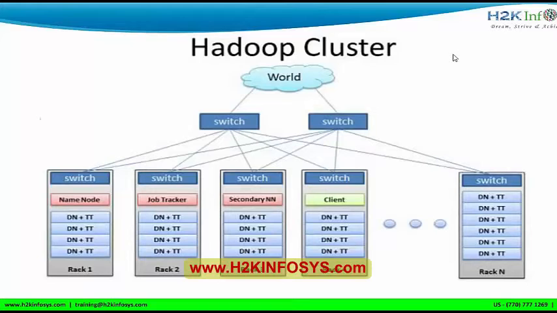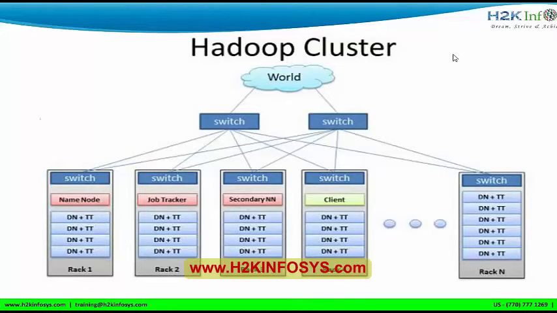After having all the daemons, this is how a typical Hadoop cluster looks. We have discussed what a rack is, right? A rack is nothing but a collection of machines, or a collection of nodes. On each rack I will have a different number of nodes.